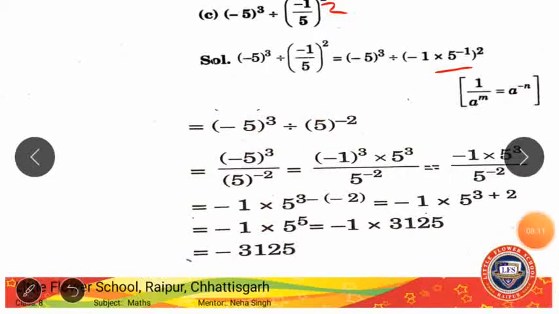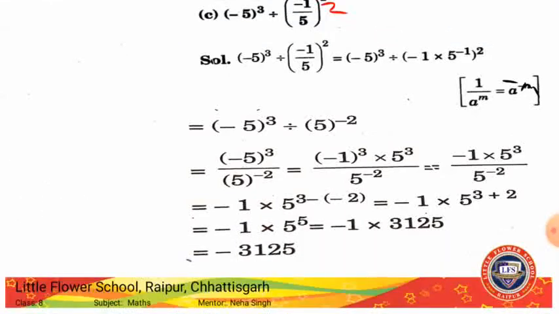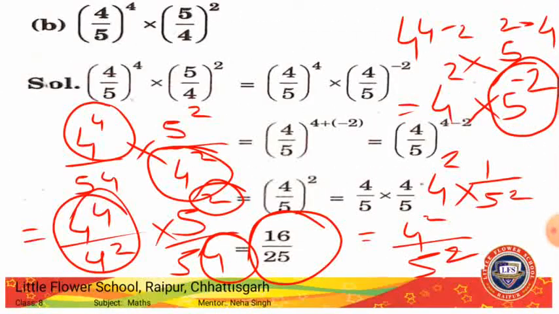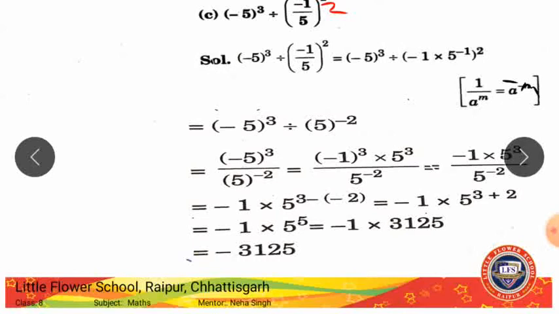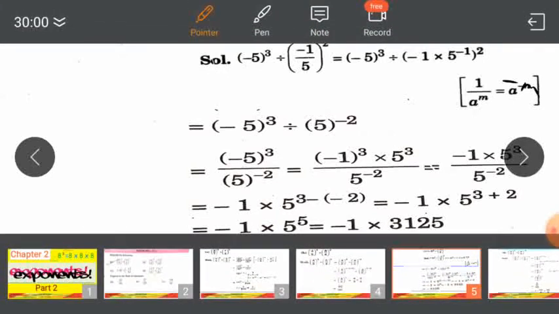What can we do then? Where has this minus sign gone? This minus sign was with a power. Which power? It was with power 2, which means square. So what happened?